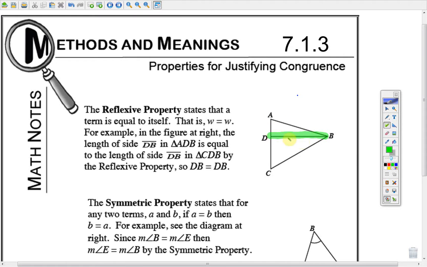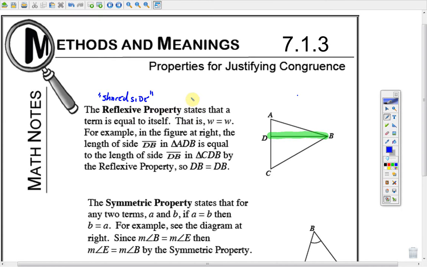On the top triangle, we have line DB in the middle, and in the bottom triangle we also have line DB. So that line is shared between the two triangles. So sometimes when we're writing our proofs, we'll write shared side as a reason. So the reflexive property is the same thing as a shared side.